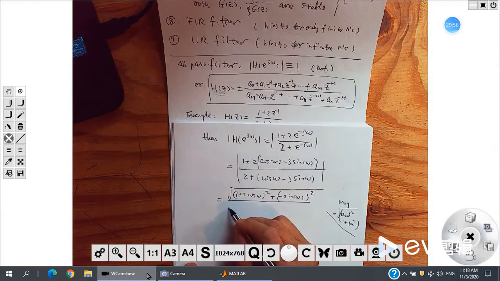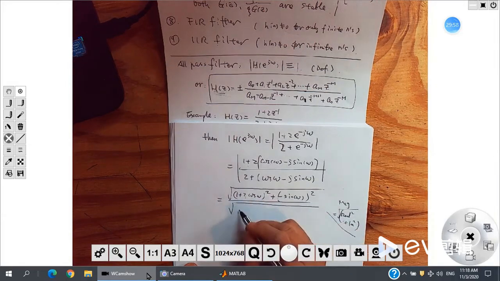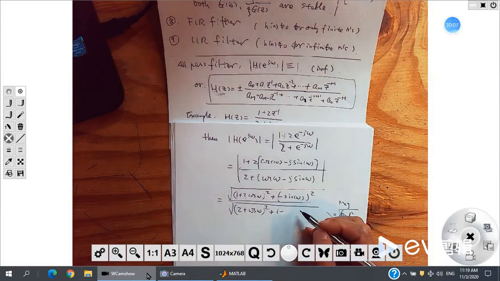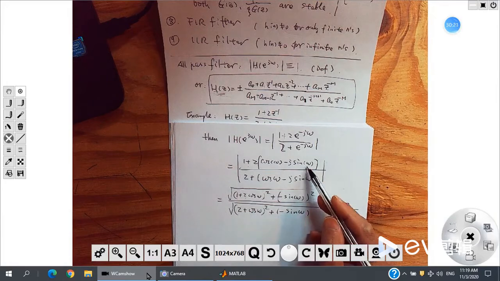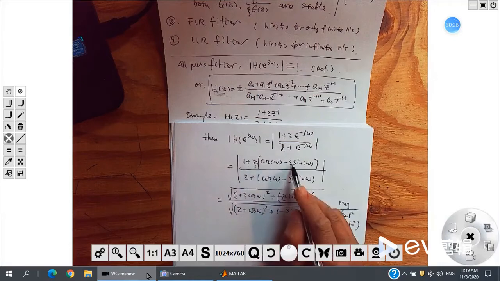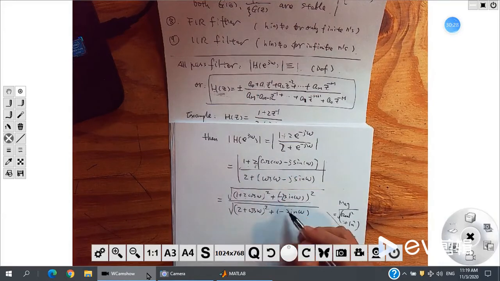And the denominator we have a similar thing. Now it is 2 plus cosine omega squared plus the negative j term, which is negative sine omega. Let me see if I got something wrong. The numerator, these two should not be the same. Oh, here I have 2, sorry. I lost this 2 here, right? 2 times negative j sine omega. So here I need a 2 for the imaginary part.